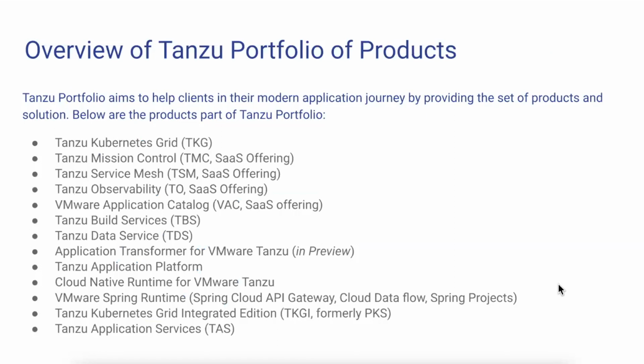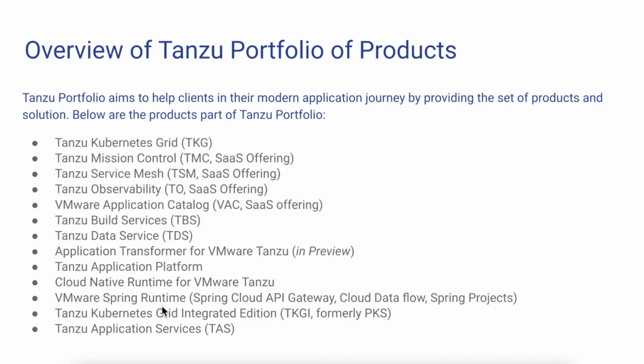Now, this slide talks about what the different products within the Tanzu portfolio are. And I'll start talking about this in the following slides as well. But just to give you a high-level view, the set of products that you are seeing here are going to work mostly together to achieve some of the application modernization requirements.